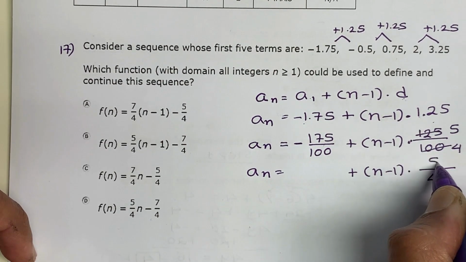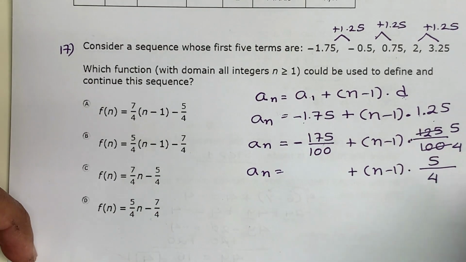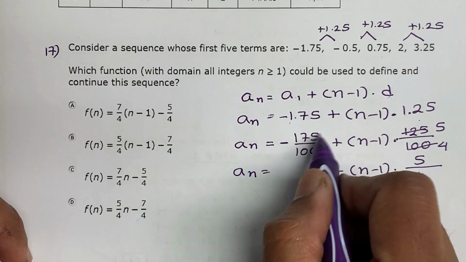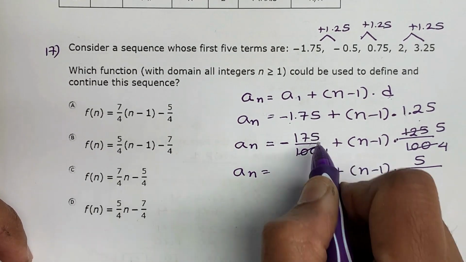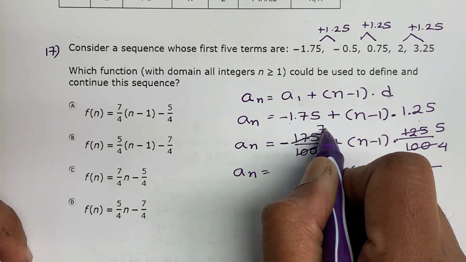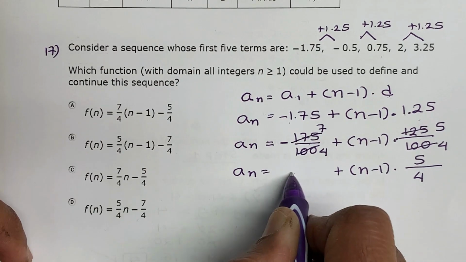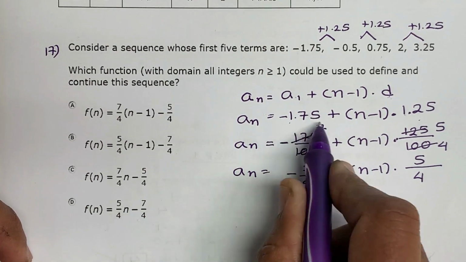So this is 5 over 4, so 1.25 is 5 over 4. And 25 goes into 100 4 times here, and 25 goes into 175 7 times. So you get negative 7 over 4, and that represents negative 1.75.